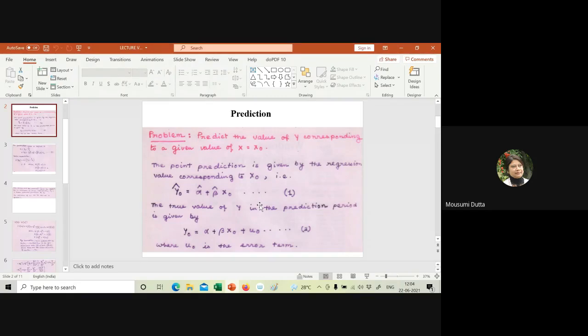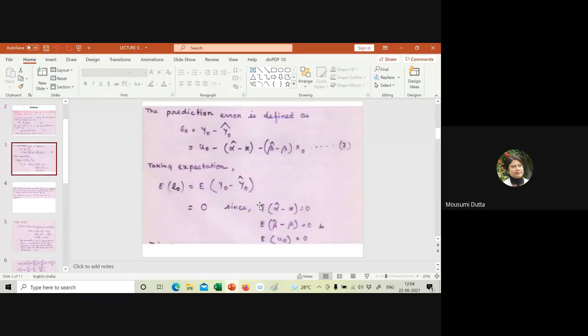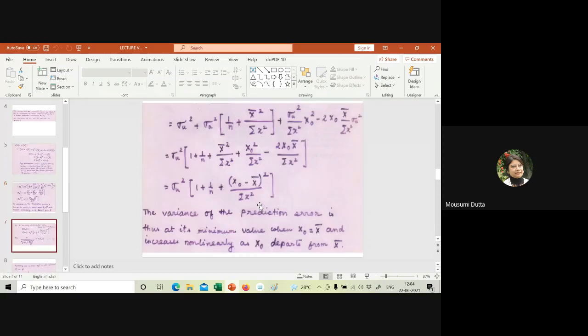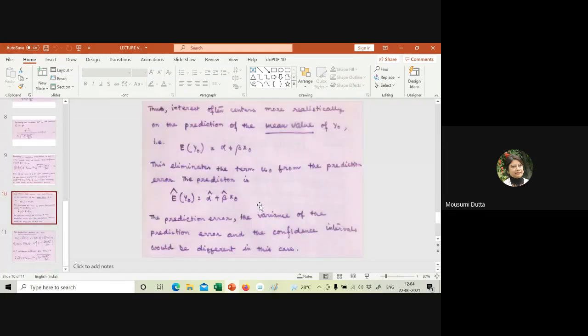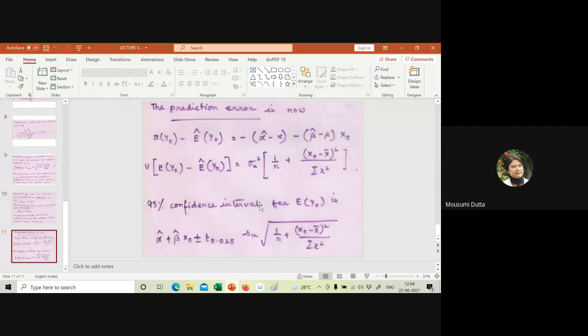Whatever value you got earlier, you will get the same value if we go for the estimation of the expected value of y naught. However, there will be a little bit of change in the confidence interval. If we consider the variance of this particular predictor, you will find that the 1 plus part is not there.